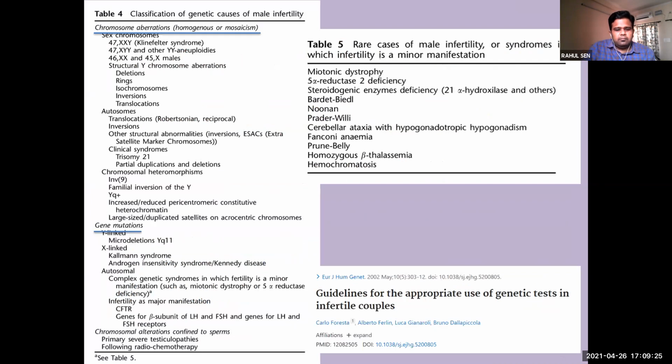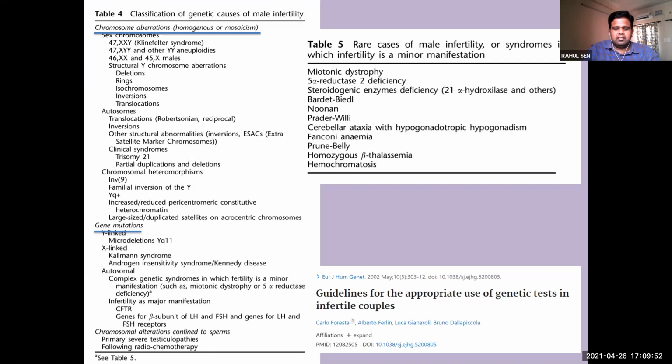I may not go deep into each and every genetic cause of infertility, but the major causes that affect the genetics of the male population are changes in chromosomes, changes in numbers, chromosomal aberrations, or gene mutations.